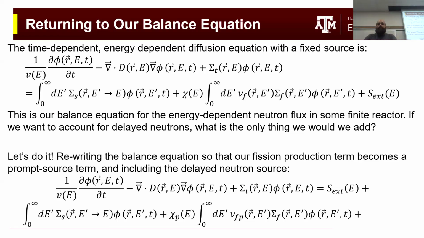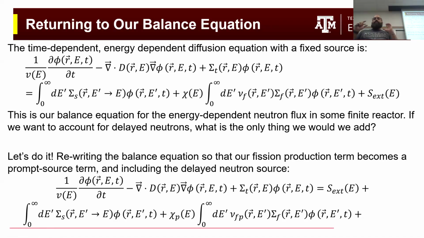And so the way that we had been talking about our balance of neutron gains and loss rates, the most detailed context was the energy-dependent diffusion equation. This is just rewriting that energy-dependent diffusion equation.